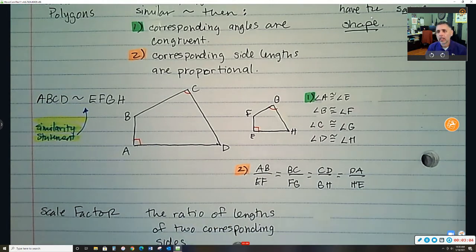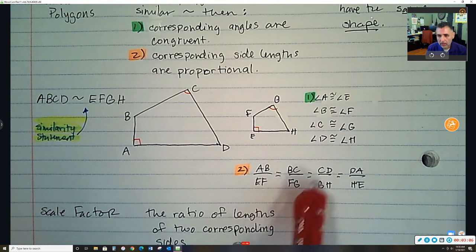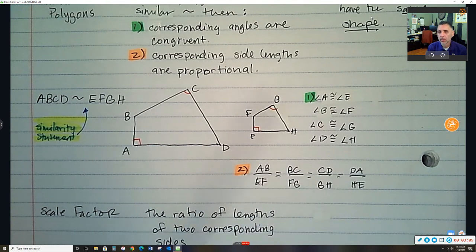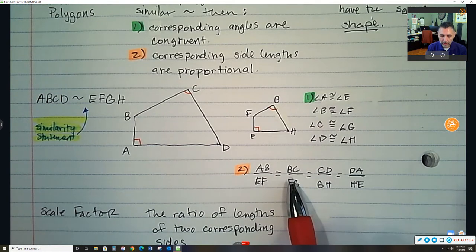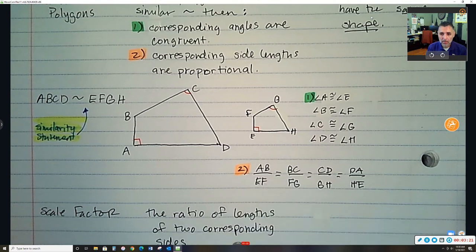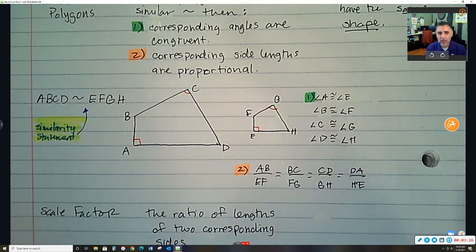You'll see in a second, these will be numbers, so you'll have a proportion. So that's two things: the corresponding angles are congruent, and the corresponding side lengths are proportional. That's what happens when two polygons are similar.